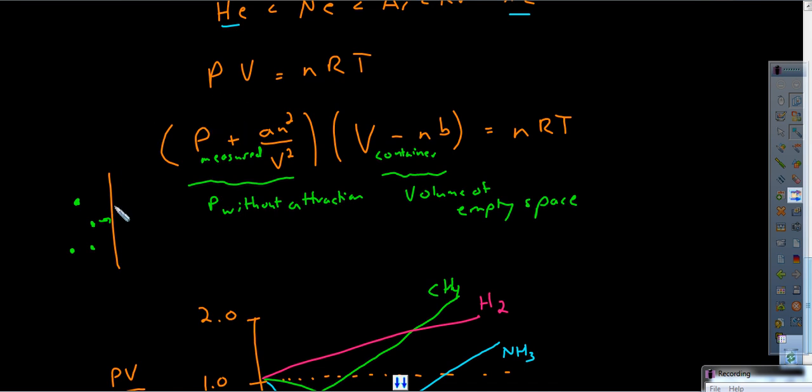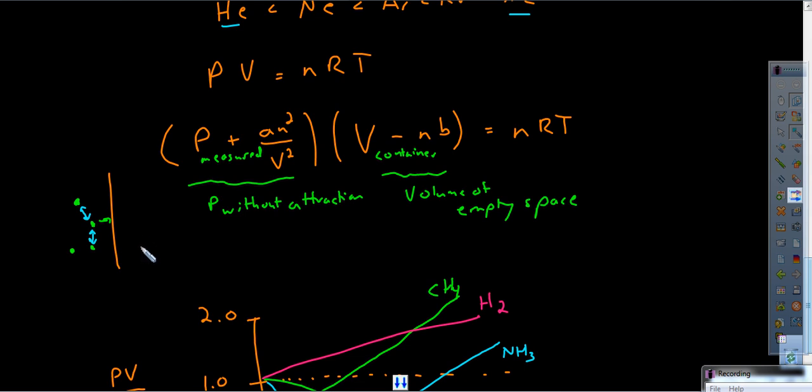So first, let's say that you have a particle colliding with a wall. Now, consider that it has a strong attraction between it and other particles. Will it be colliding with the wall as hard as it was if there were no attraction between the particles? No, actually, because it's so attracted to the other particles, it is going to have less force of collision against the wall and hence less pressure.